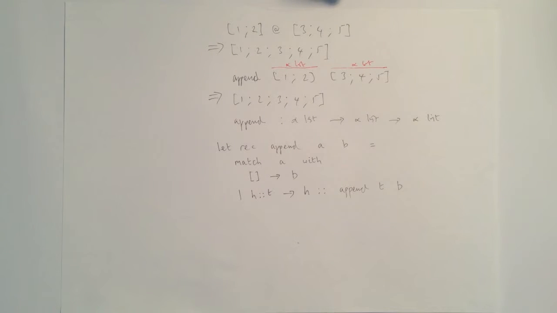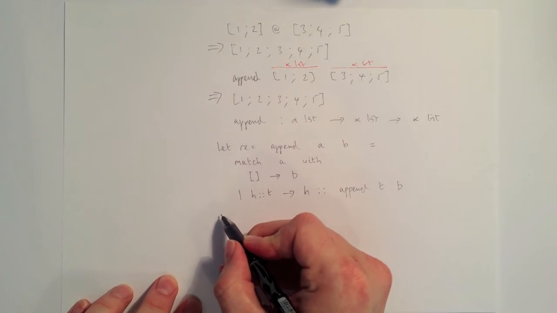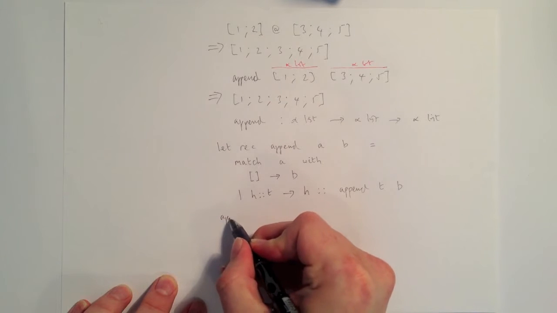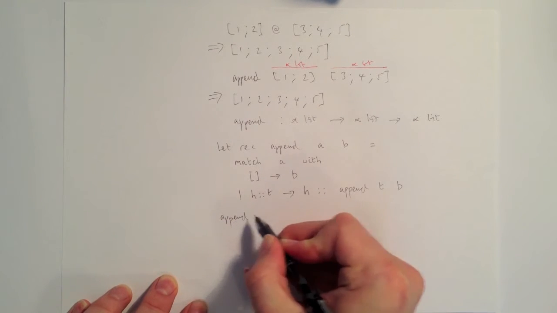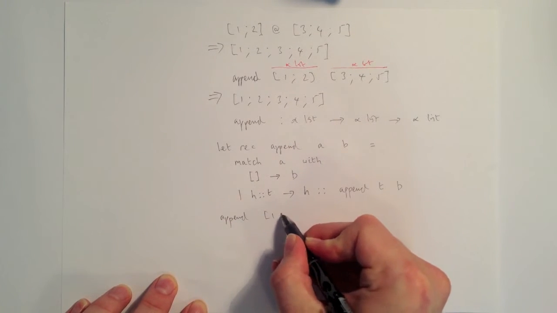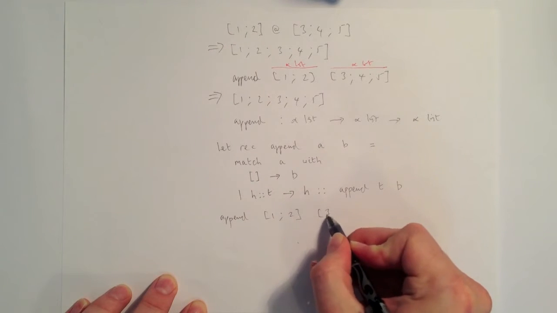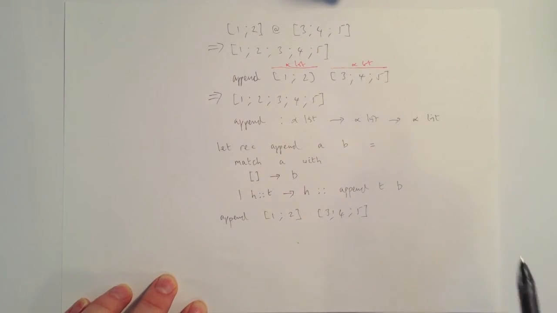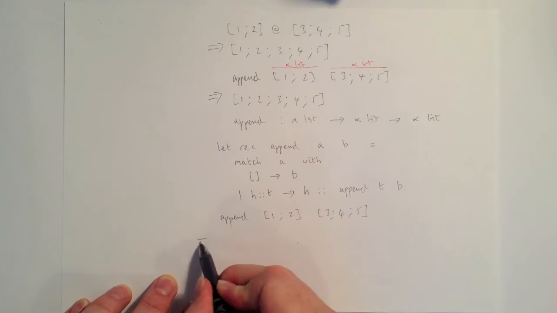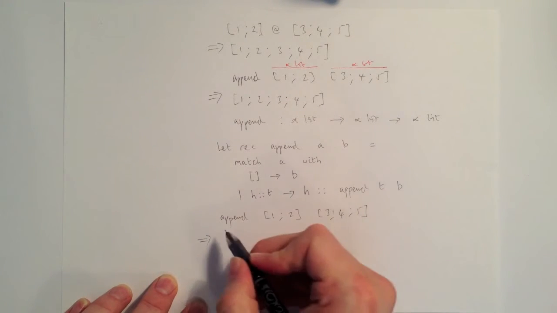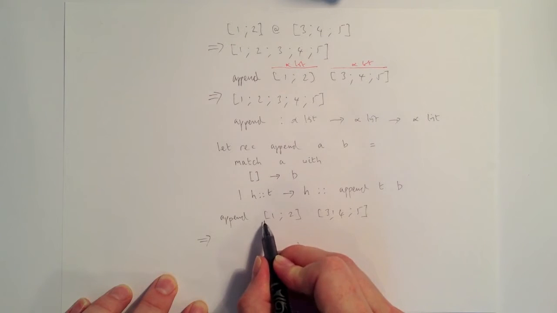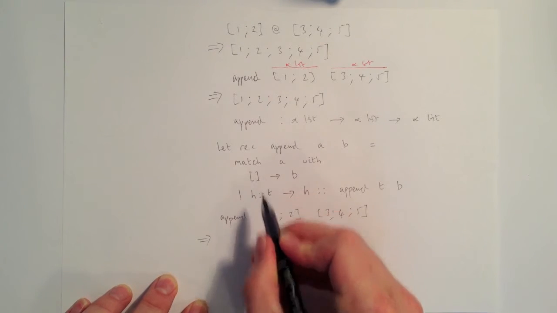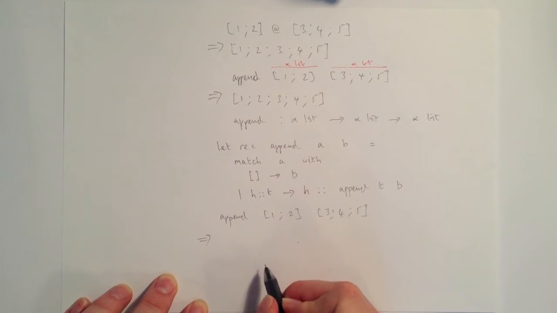Let's see how it might work on a simple example. Let's use the example we wrote above, append 1, 2 to 3, 4, 5. Well, this whole thing is going to reduce then, we match A, it's not the empty list, so we take it apart, head and a tail.